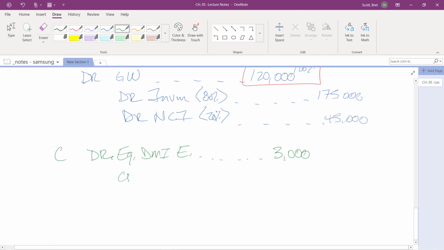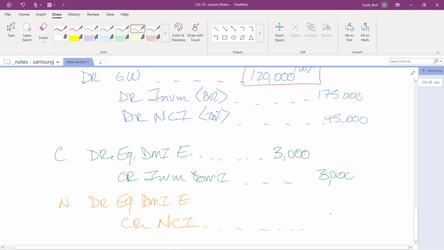And then by doing that, we're debiting that, and we're going to be crediting the investment in DMI 3. And we follow that up right away with what the NCI folks would be doing. On their side, they would be debiting equity in DMI. And we'd be crediting the non-controlling interest. So we go about doing this. And this seems kind of silly because, hey, they're not really recording this stuff on their end, right? True, but you'll see how it all plays out in the end. It works, ultimately. It works for us. So equity in DMI was the 1 million.